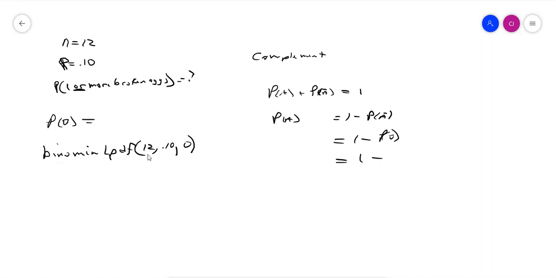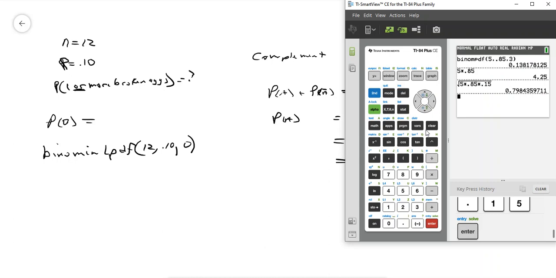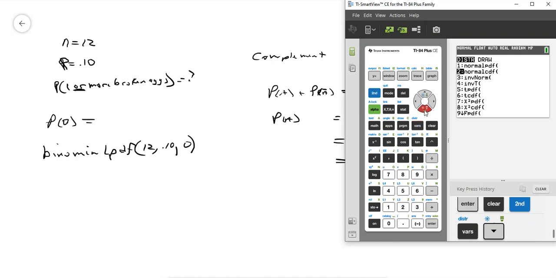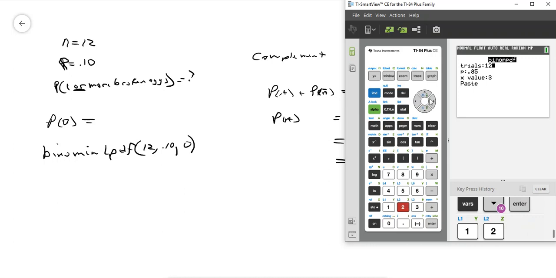Okay, so I need to plug that into the calculator. Now let's clear this out. Second distribution, binomial PDF, trials 12 eggs, 10% chance of any one being broken.